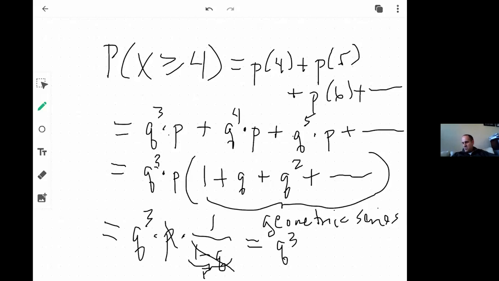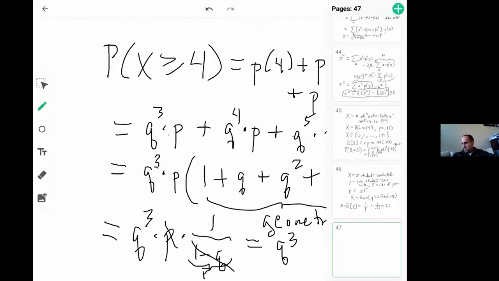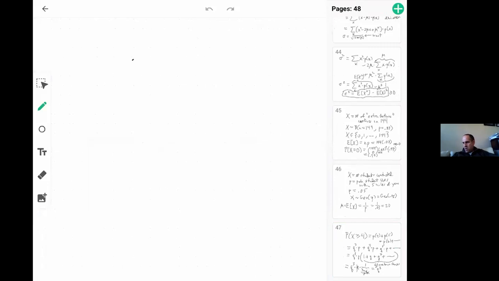So that's very interesting. So let's think about that for a minute. So let me go to the next page. So in other words, the probability that we have to contact at least 4 students ends up being equal to q cubed. And by the way, that computation we just did would work no matter what.